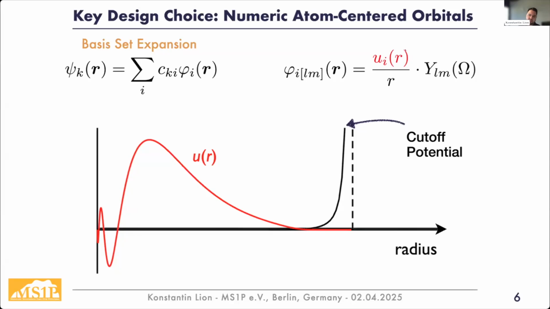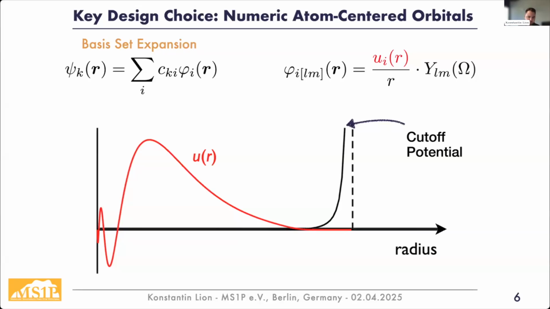And you have a part with u_i(r) over r, which is the radial part, as well as the spherical harmonic part. And the reason this was chosen, and you can see the structure here of the radial function down below, is that this is not an analytical function, but rather a numerically tabulated one. So you are quite flexible in what kind of choice of basis functions you want to have.